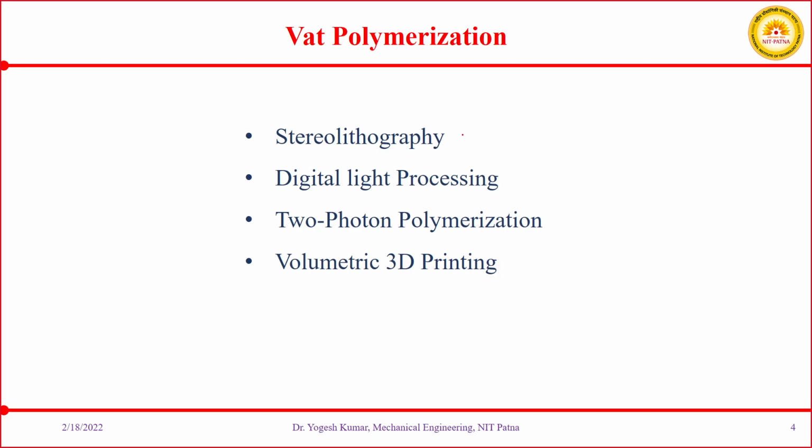The first is stereolithography, the first technology developed in this category. Then we have digital light processing, then two photon polymerization, then volumetric 3D printing. We will discuss these techniques one by one.